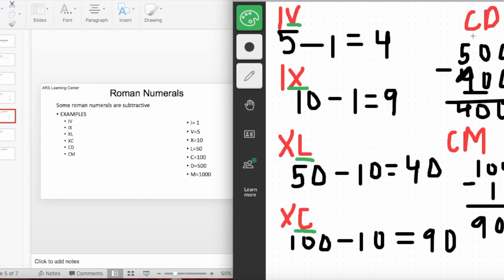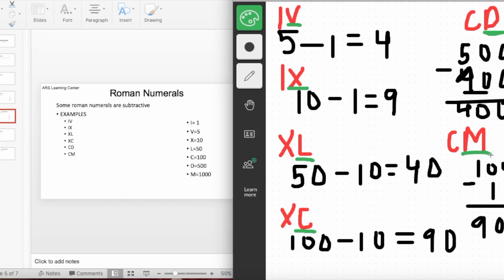D is larger than C and D is not the first term. In this case, the first term is C, which is 100. The second term is M, which is 1,000. 100 is less than 1,000, therefore this Roman numeral is subtractive.